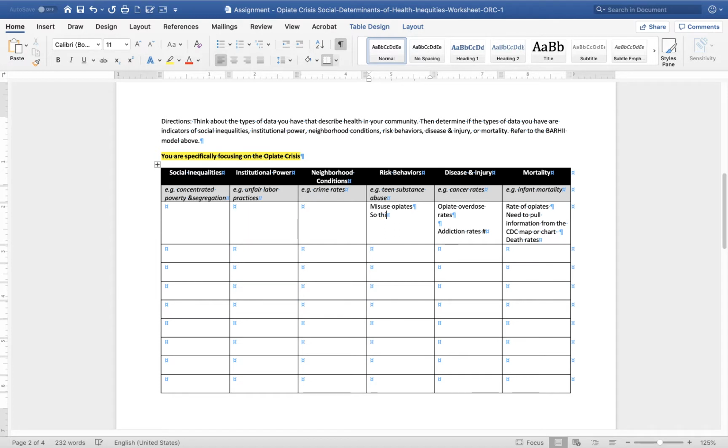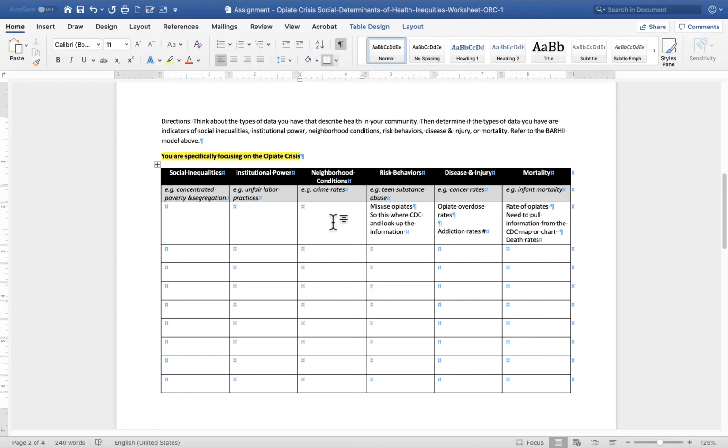This is where you would go to the CDC and look up what's considered misuse. I'll tell you right now, if you use opiates more than 3 or 4 days, they want you off of them by 4 days. So what's considered misuse? That is in your Canvas module too.